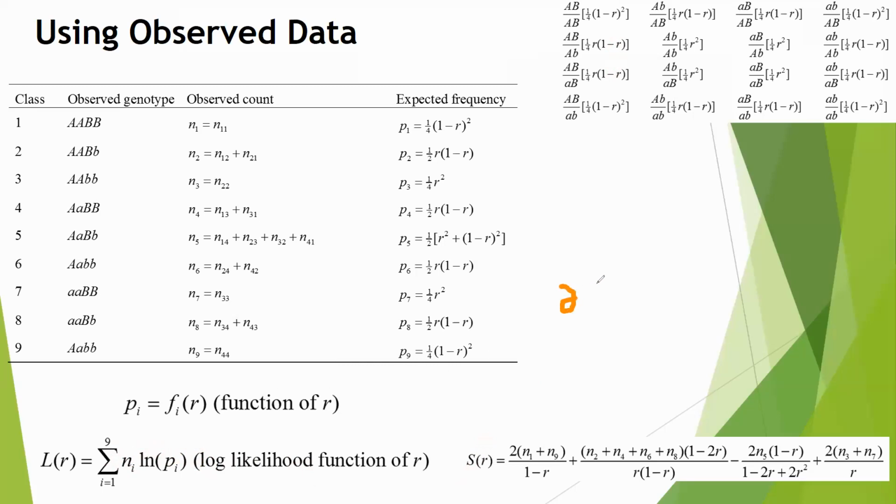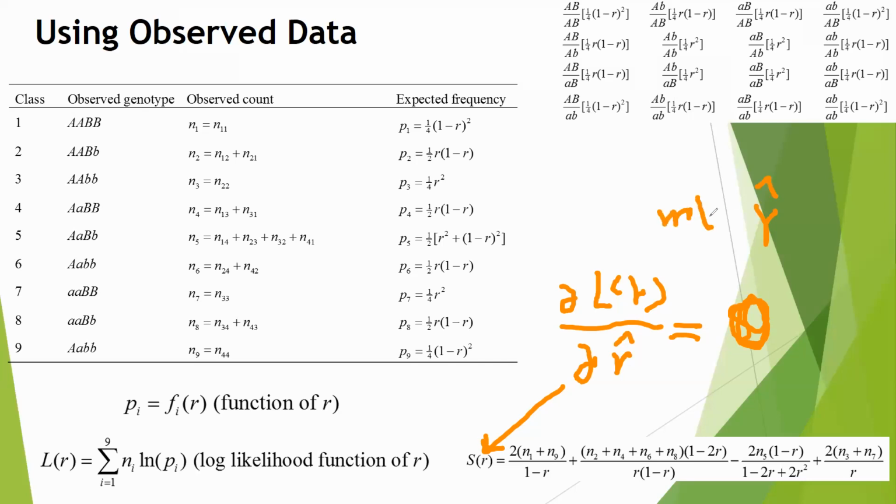We take the first derivative of the log likelihood in terms of R, the parameter we want to estimate, right? We call this first derivative the score function, and we set it equal to 0. Then when we solve this, we can get the MLE. But in this case, as you can see, the score function is quite complicated.